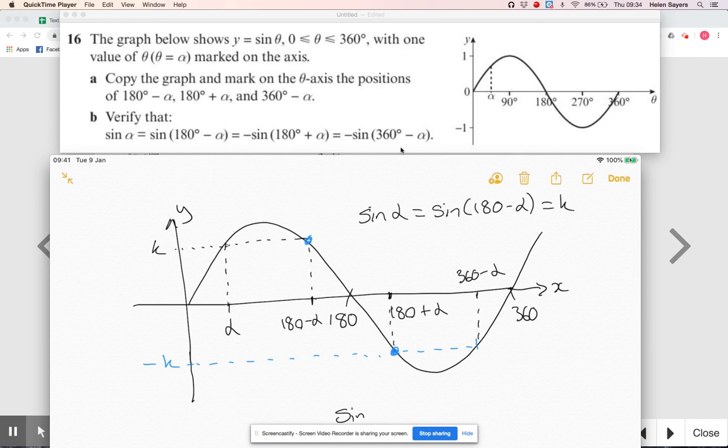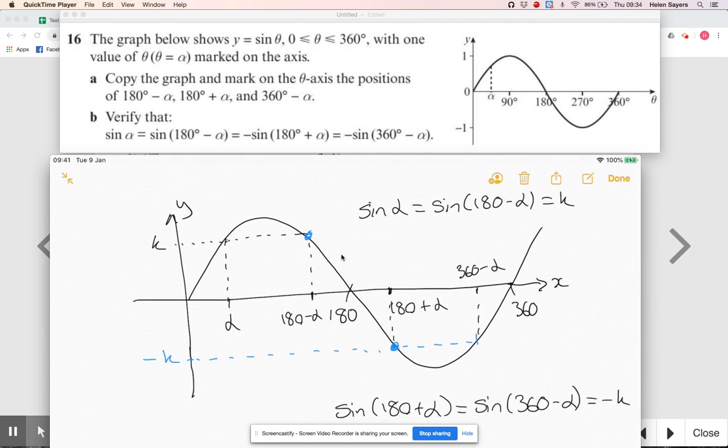So sine of 180 plus alpha equals the same as sine of 360 minus alpha, and they both equal minus k. Okay, so I think we've verified that as much as we can from that graph.